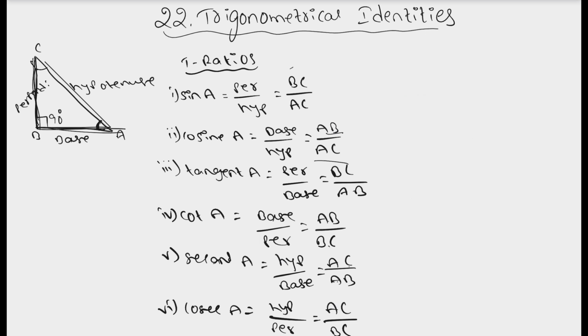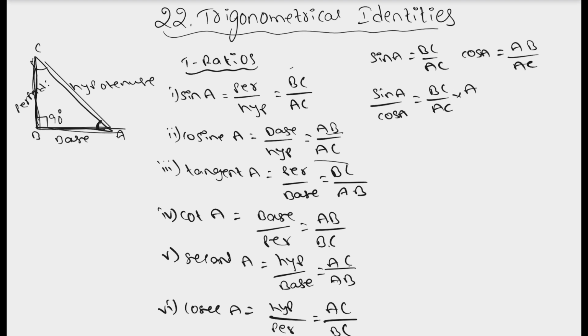Some more relations: sine A is equal to BC by AC, and cos A is equal to AB by AC. Let's divide sine A by cos A. The value of sine A by cos A is BC by AC into AC by AB.